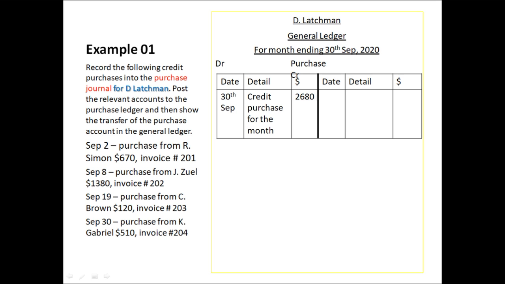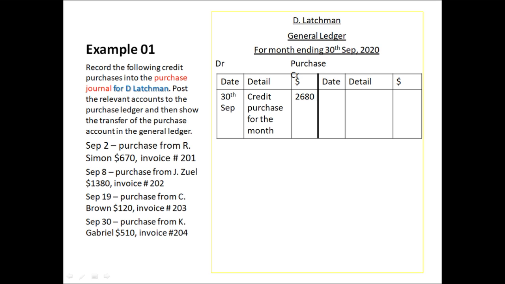Remember, we are purchasing goods on credit and we are not paying money, but we are receiving something. We're receiving goods on credit. And once we are receiving it on credit or we're receiving anything, we have to record it on the debit side of our account. So we record the total amount of purchases on credit that we receive on the debit side of our general ledger, or our account.